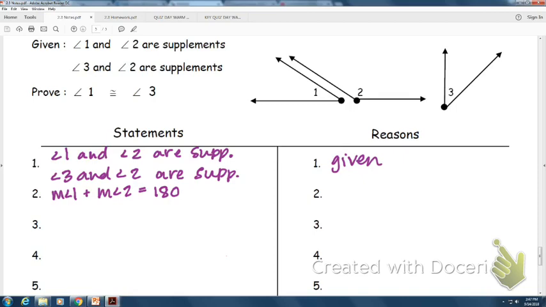So what can we say about those? The measure of angle 2 plus the measure of angle 3 equals 180. What would be the reason for that? Definition of supplementary angles.